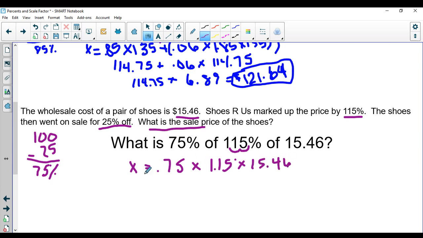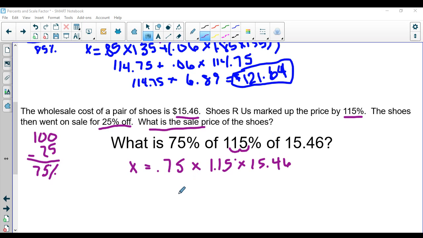Now, you could find 115% of 15.46 first and then 75% of that, or you can just multiply it across as is. So I can take 0.75 times 1.15 times 15.46, and that is going to give me the same answer.